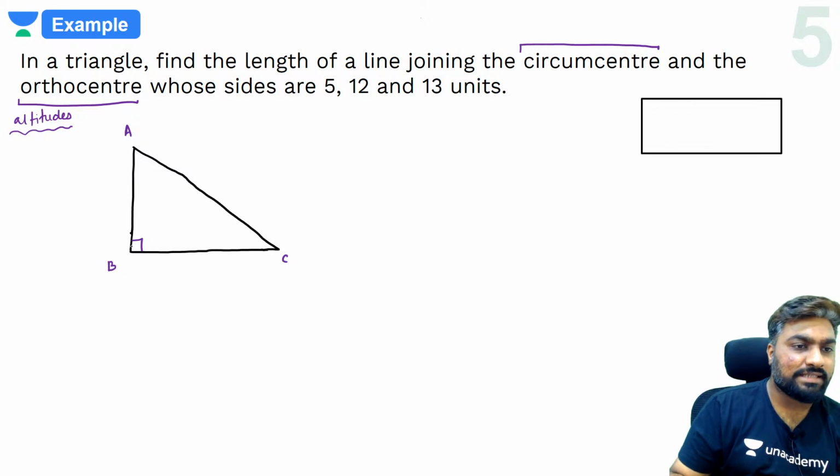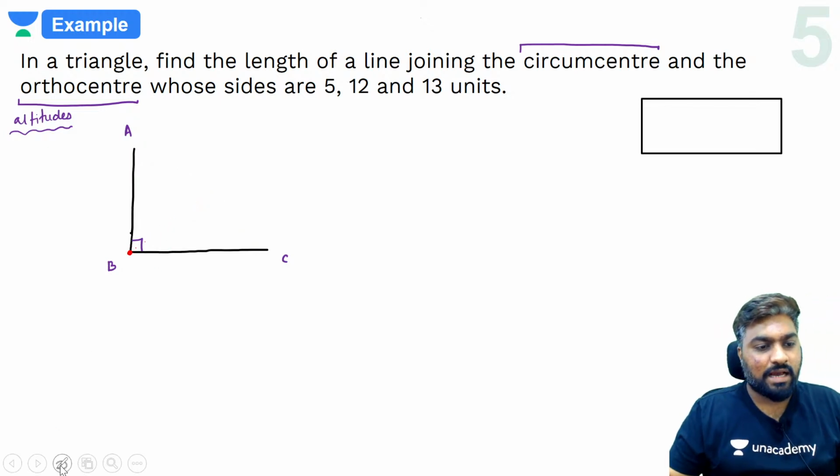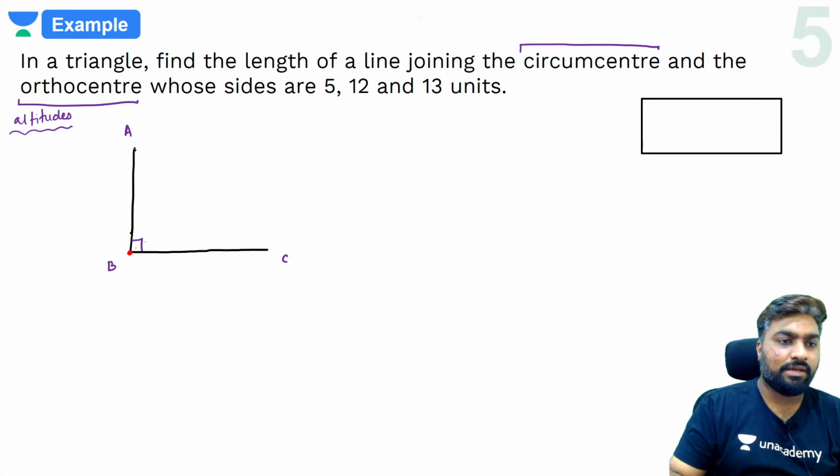So if this is the intersection of these two perpendiculars, so when you draw a perpendicular from B towards C, this will become the orthocenter. Correct? Agreed guys? आपका orthocenter समझ में आ गया क्या अभी?